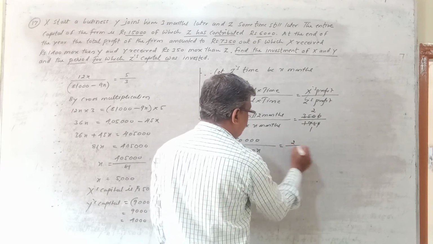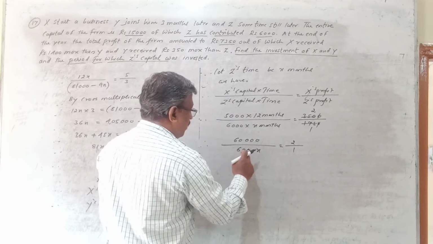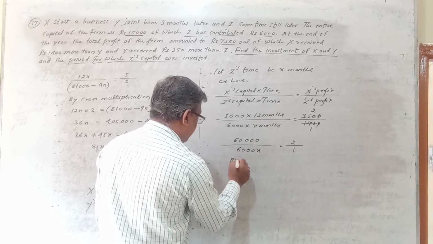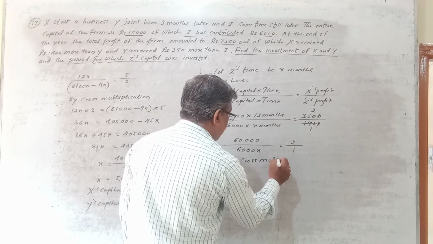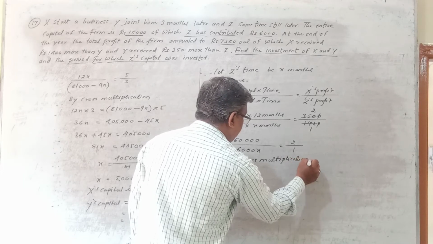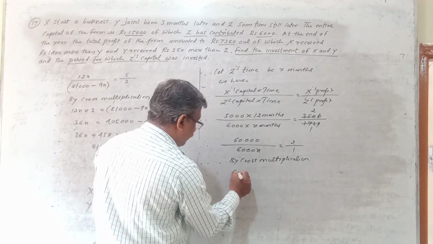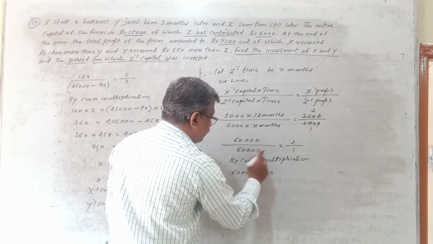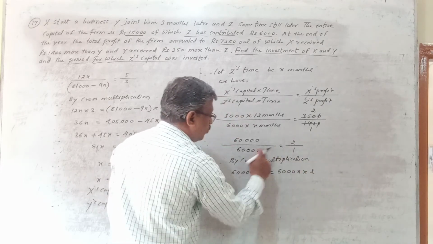So the ratio comes to 2 divided by 1. Now do the cross multiplication here. So 60,000 you multiply by 1, equal to 6,000 X you multiply by 2.